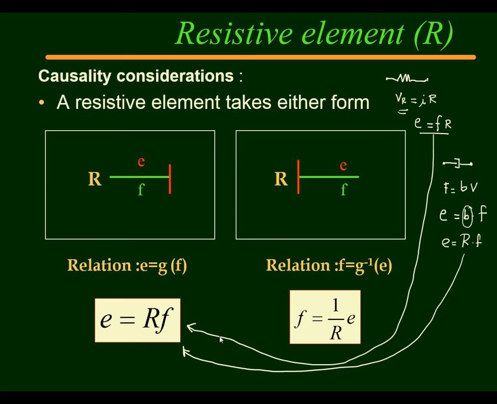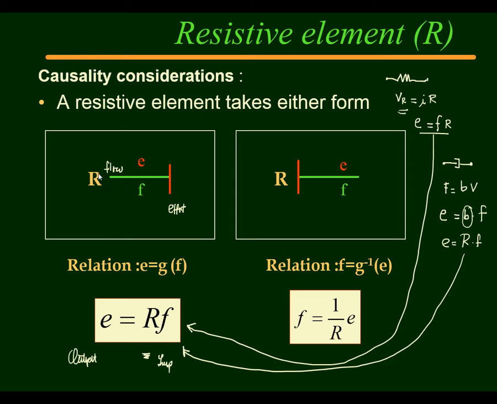When you write this equation here, you are saying that this is the output and this is the input. And of course this is the constant of the element, that is indicated by this little picture here. See, this is your effort here, and the green is the flow.